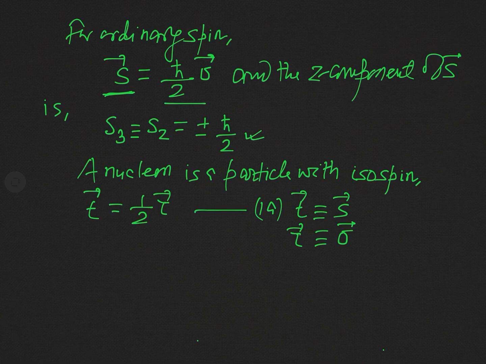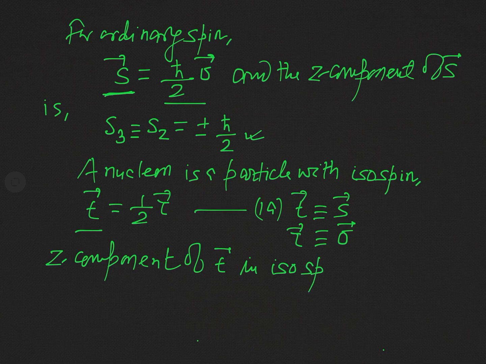And just like the Z component of the spin vector S, we also define the Z component of this isospin T. So the Z component of T in isospace, or you may say isospin space, is given as follows.